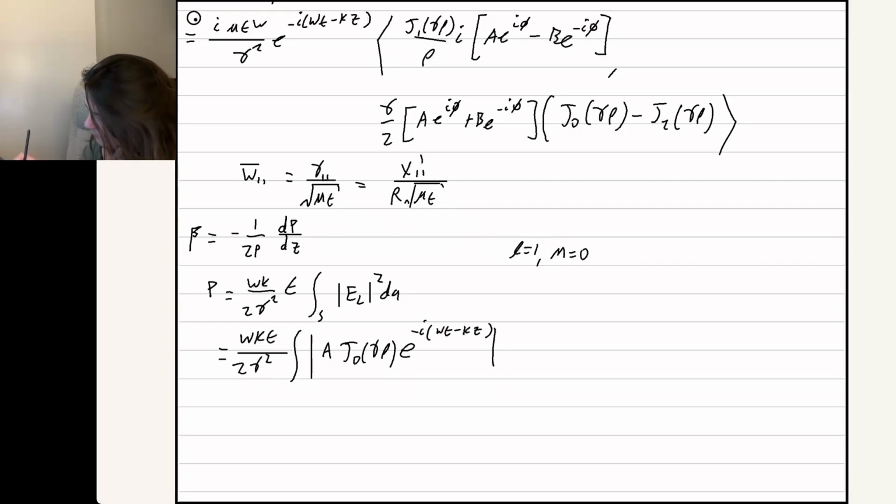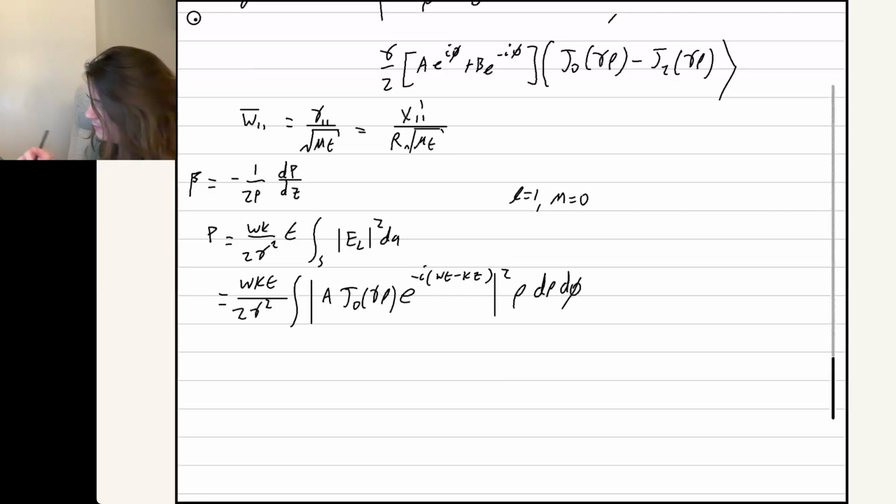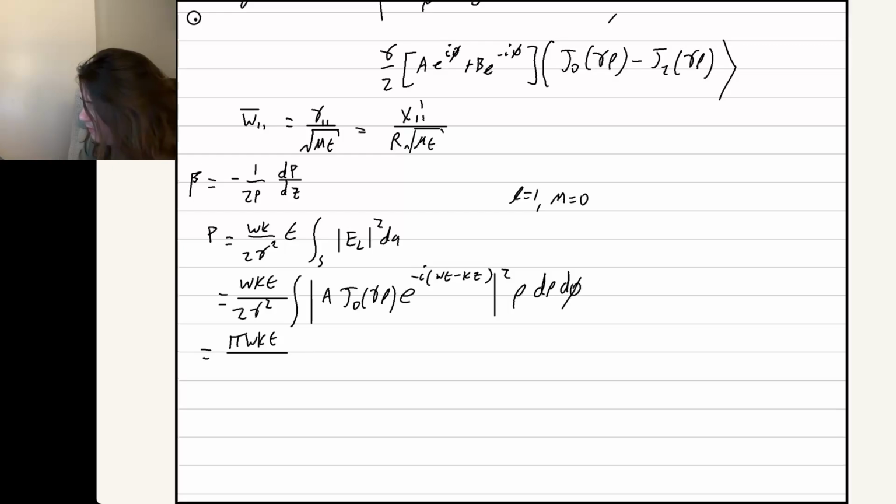We're taking the square modulus of that, and the area element is rho d phi. No phi dependence, so that integral is just going to be 2 pi, so we'll factor out a pi omega k epsilon over gamma squared down here.